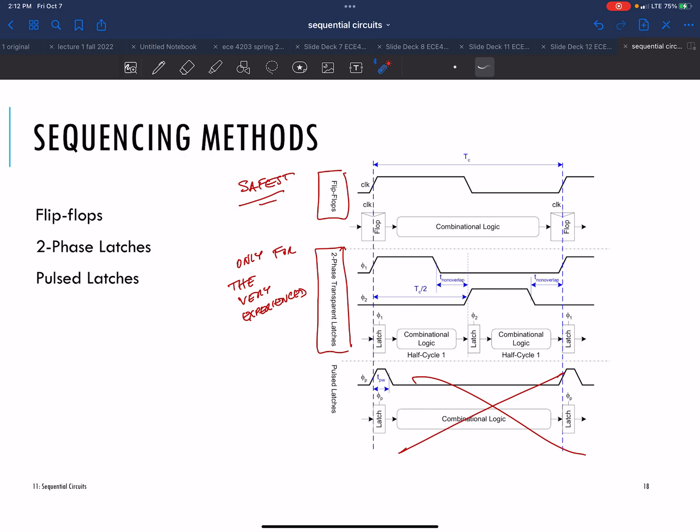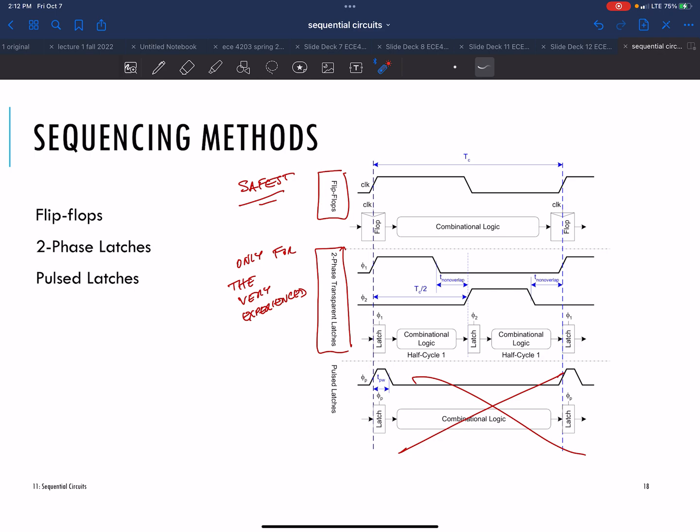So you better hope everything gets stable before phi 2 turns on. Or if you're in some intermediate value, you're kind of screwed because you don't know what intermediate value goes through. So it's a lot more responsibility on the designer now to think about the timing.